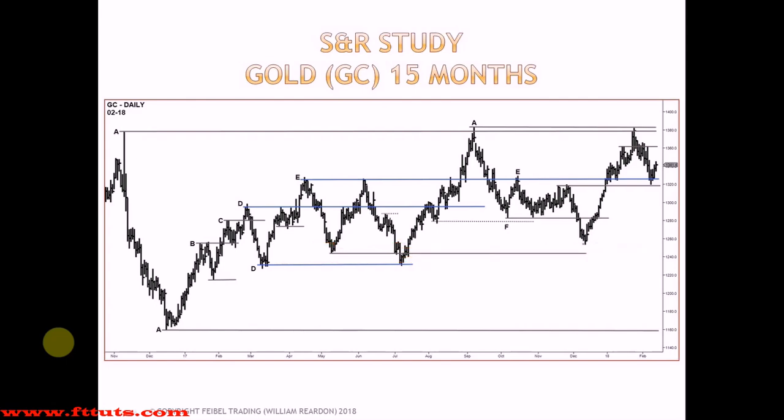This is where discretion comes into play, and you need to know the markets. Every instrument, every market has a different personality, and you need to know the way it moves. But for this, I wouldn't include it, because this is the main support. And because we're up here, if we're coming down, I would expect the market to test this level.